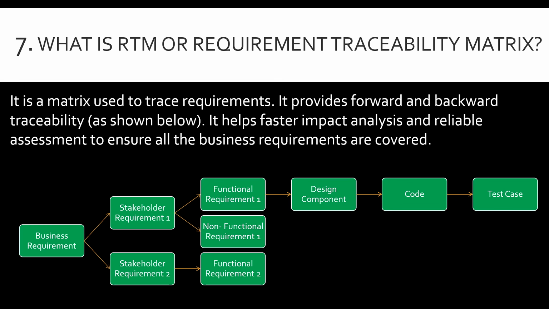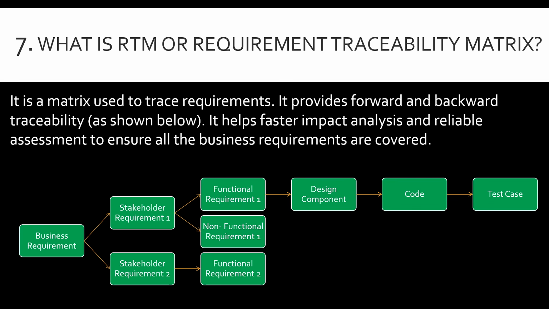And then the stakeholder requirements would be mapped to the functional requirements and also the non-functional requirements, which we spoke about. And then the functional requirements and non-functional requirements in turn would be mapped to the design component. In order to deliver this functional requirement, what are the design components required?